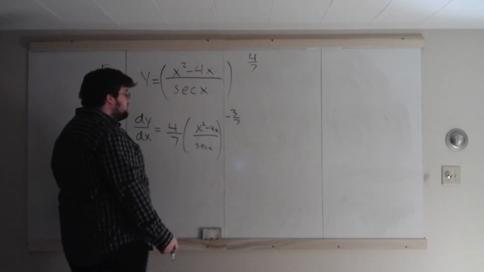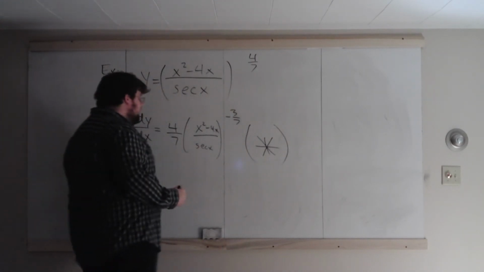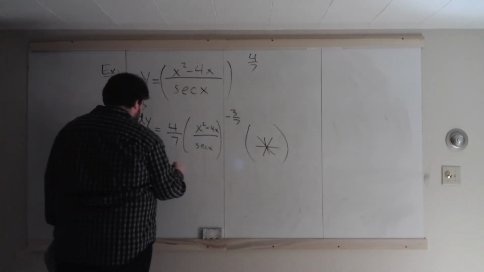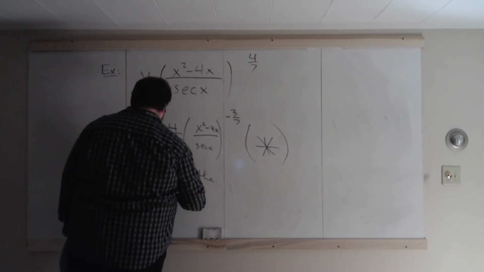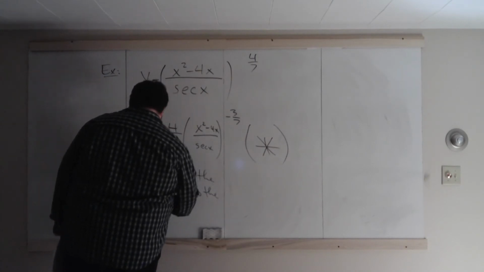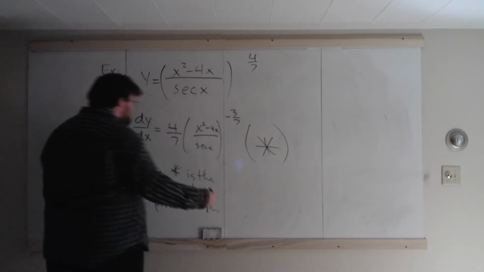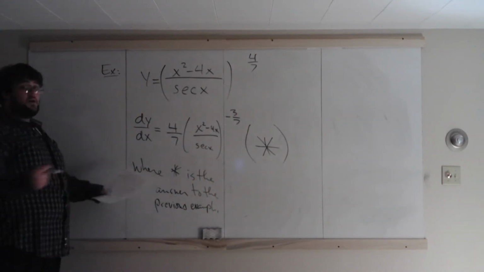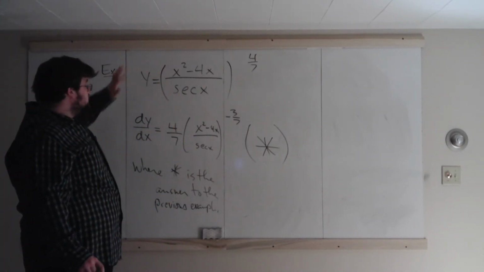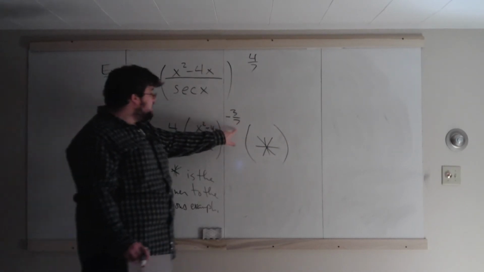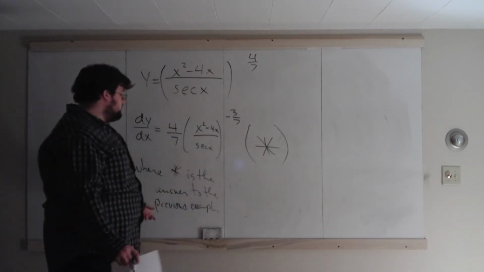But we already did the derivative of the inside, so I'm just going to say times star like that, where star is the answer to the previous example. So here we had that function to the 4/7, the derivative is 4/7 of them to the negative 3/7, times the derivative of the inside, which we did in the previous example.